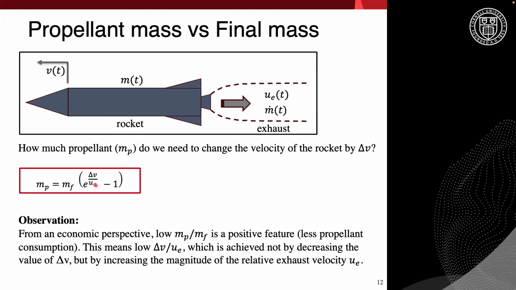However, ue depends on the thruster. So we can imagine that to achieve a given mission with a required delta V, we can design a given thruster that can achieve a given ue. And the higher the exhaust velocity, the lower the propellant mass consumption. So the goal is to have a high value of ue.